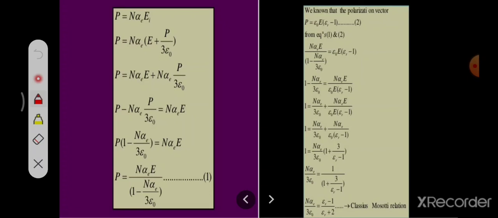By taking the common, N alpha E divided by 3 epsilon naught into 1 plus 3 divided by epsilon r minus 1 equal to 1. N alpha E divided by 3 epsilon naught equal to 1 divided by 1 plus 3 divided by epsilon r minus 1. From this, N alpha E divided by 3 epsilon naught equal to epsilon r minus 1 divided by epsilon r plus 2. This is the Clausius-Mossotti relation.